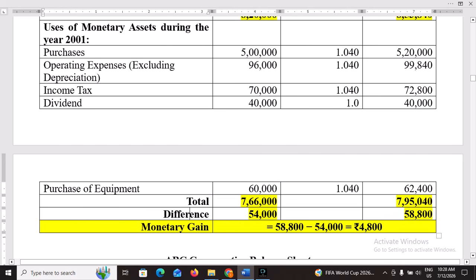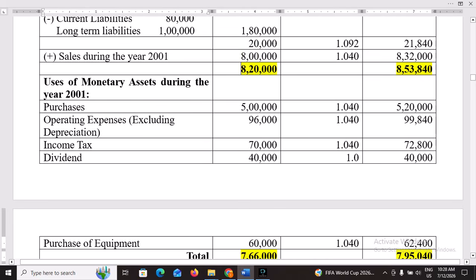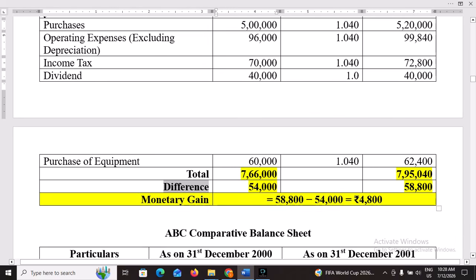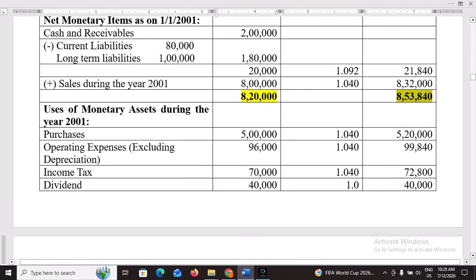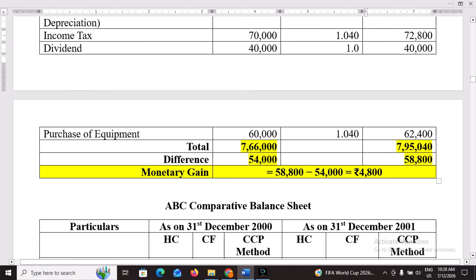After this, what do we do? We have to take the difference. So 8,20,000 minus 7,66,000. Difference is 54,000. Next, here 8,53,840 minus 7 lakh 95,040. Difference is 58,800. This is also the total.